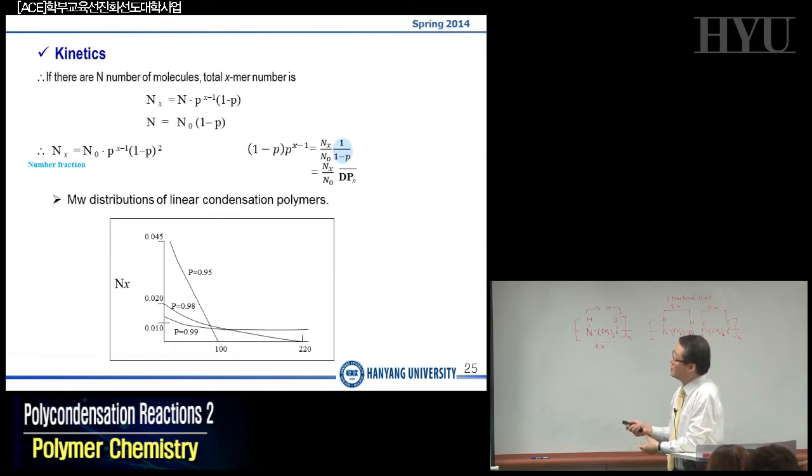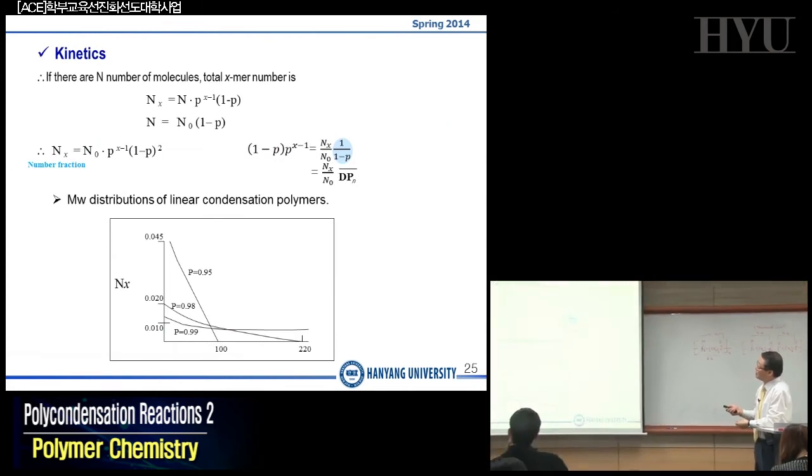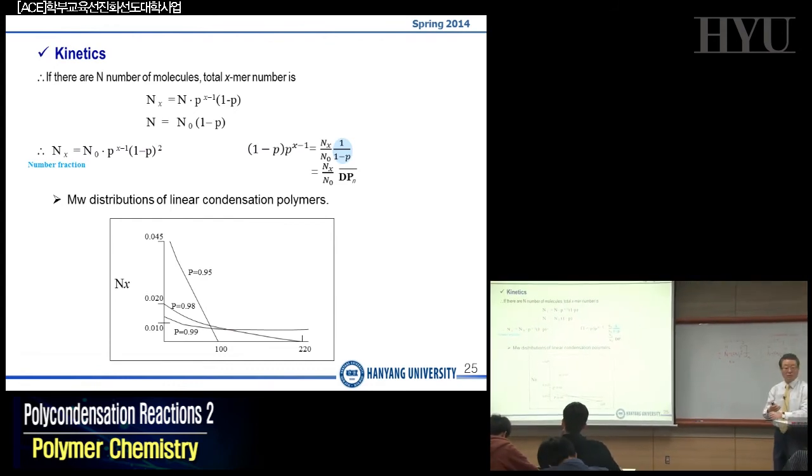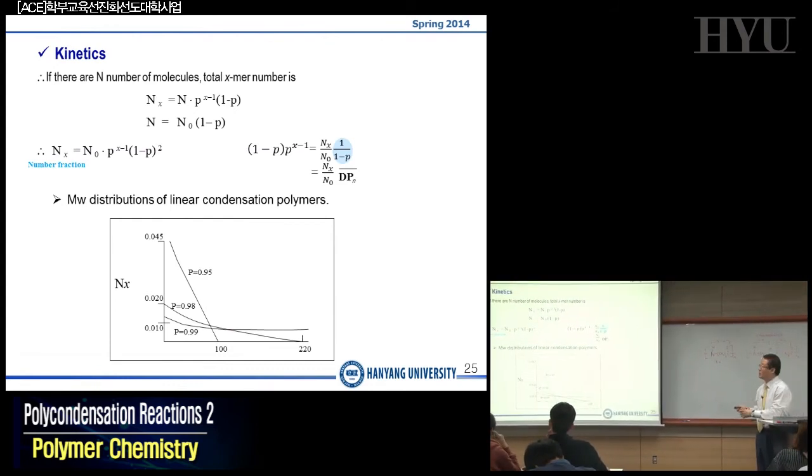So Nx, the number of xmer molecules, is equal to the probability of finding 1 xmer molecule times how many molecules there are, N. Okay?